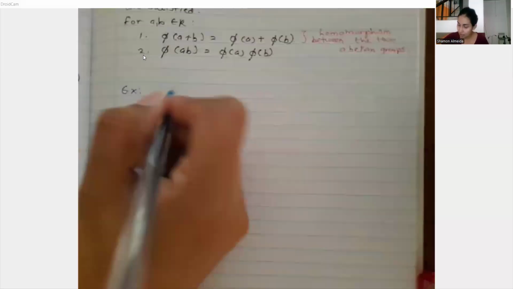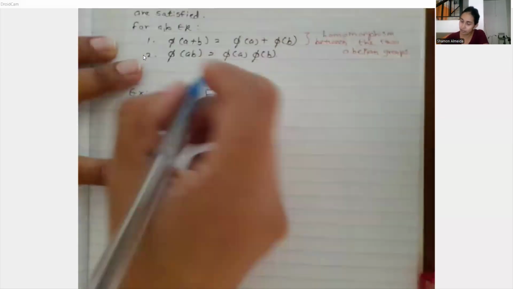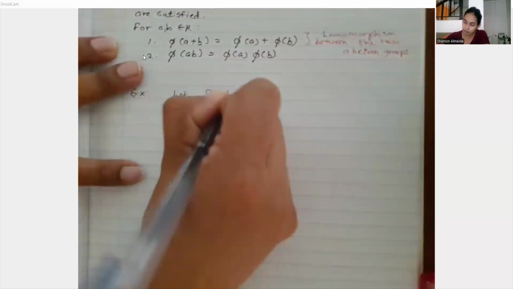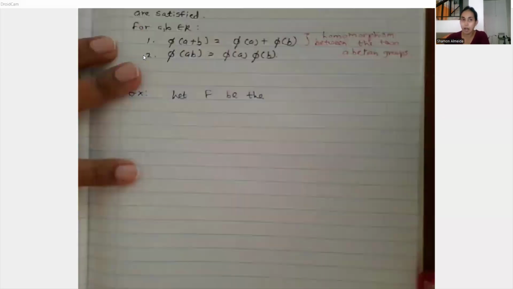Let's take capital F to denote the set containing all functions f from R to R, the set of real numbers.